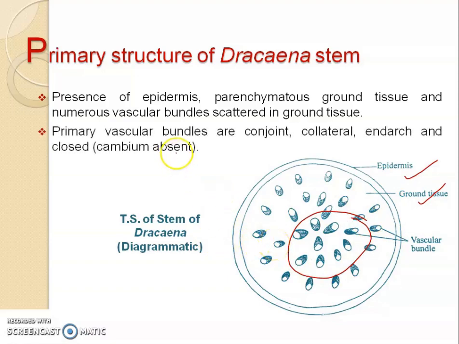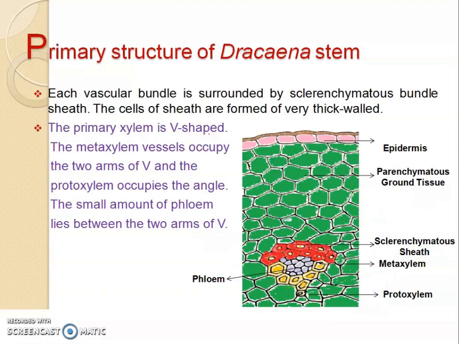Further, primary vascular bundles are conjoint, collateral, and closed type. This means cambium is totally absent. Further, each vascular bundle is surrounded by a sclerenchymatous bundle sheath. The cells of the sheath are formed of very thick walls.